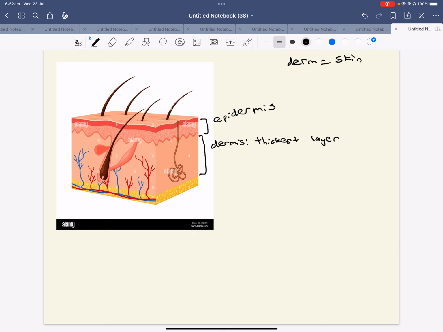And the two layers that break into the dermis are the papillary and the reticular layer. The papillary layer is made of loose connective tissue, or areolar tissue. Alright?